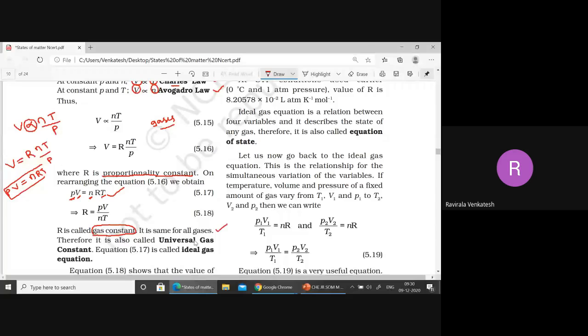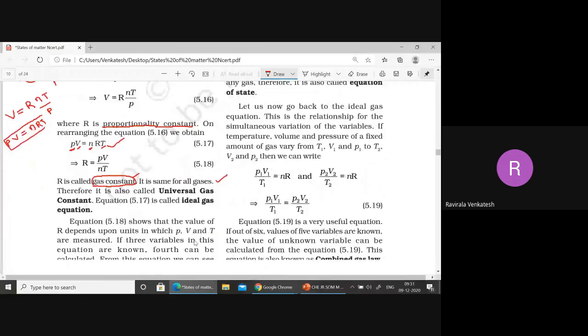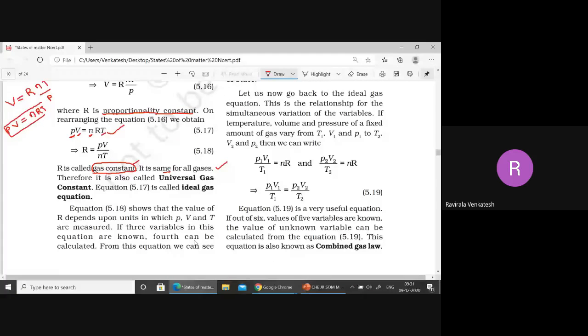If I take nitrogen, oxygen, whatever, the gas constant will be the same. That is the reason it is called the universal gas constant, because it is the same for all gases.